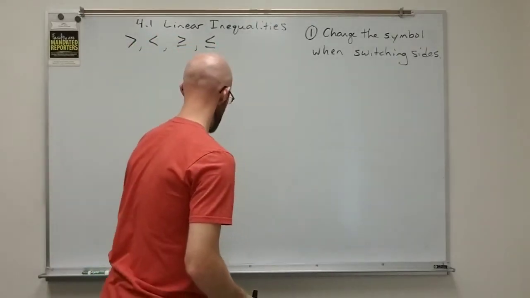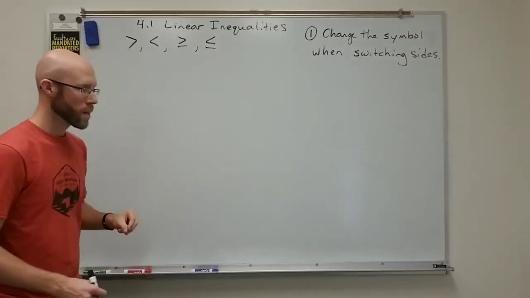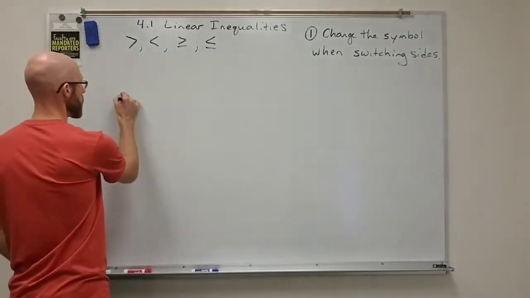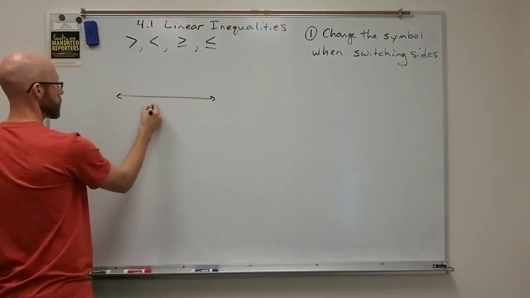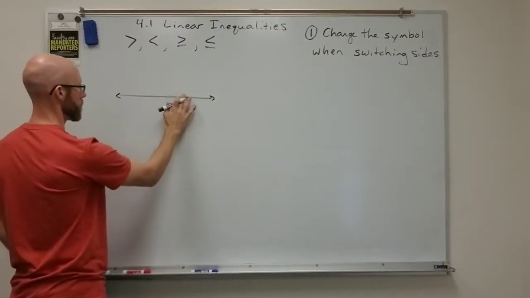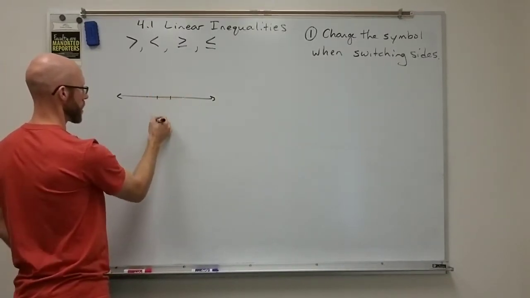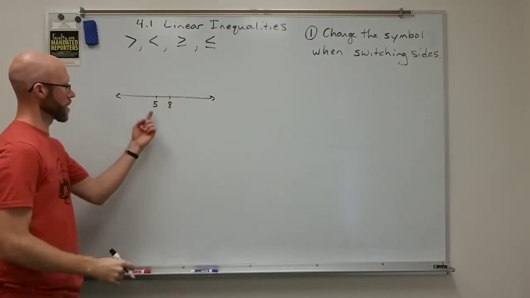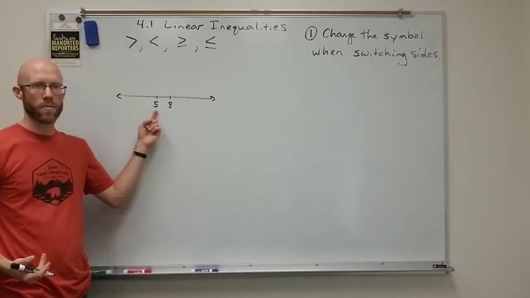Second thing to keep in mind, and just a very basic description here. If you had two numbers on a number line, let's say I had the numbers 5 and 8. I know that 5 is less than 8, right?